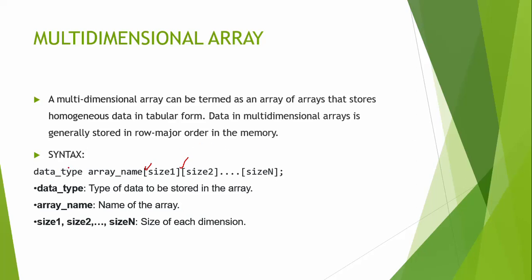So the syntax for a multidimensional array starts with the data type. Data type means any primitive data type, such as int, float, or char. Array name is the name of the array, which follows the principle of how we assign a name to a variable, that is, it starts with an underscore or an alphabet, and it may continue with numbers or alphabets.